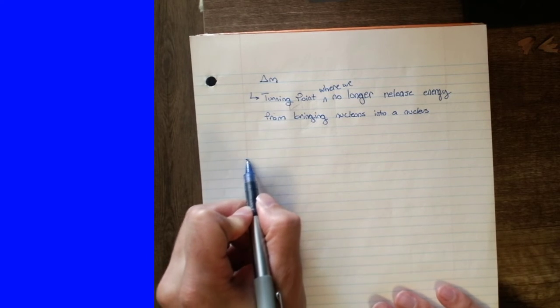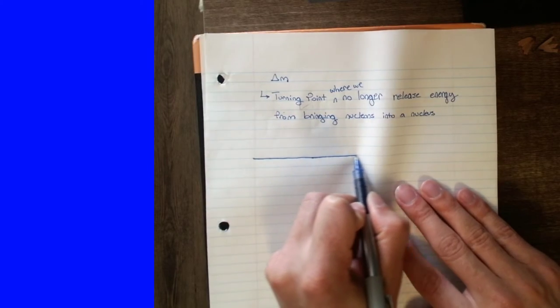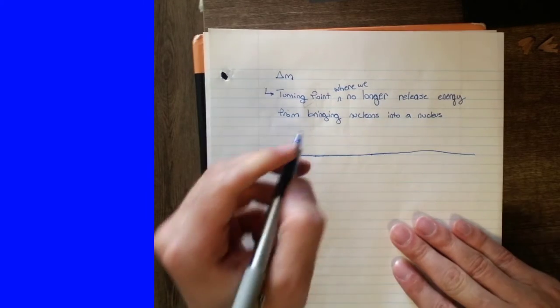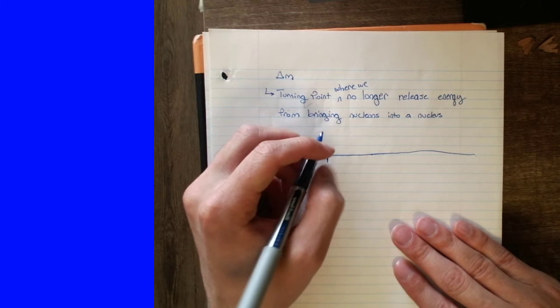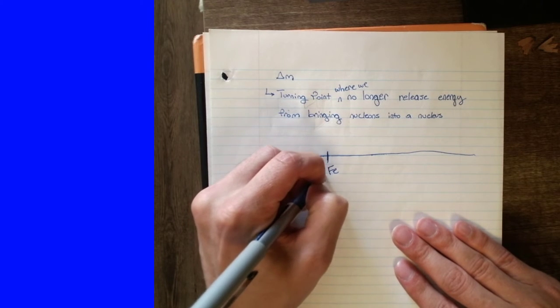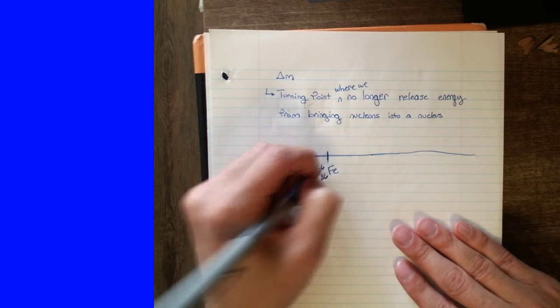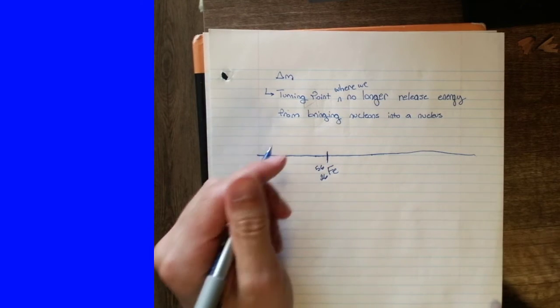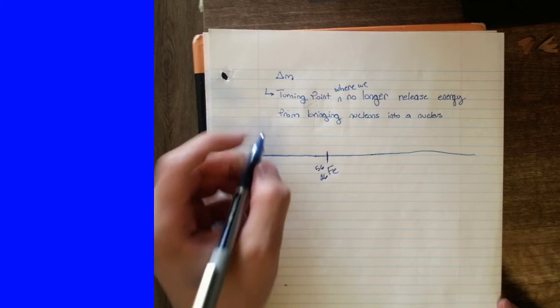Okay, if we examine all of the atoms that we know exist, a turning point seems to happen at iron with 26 protons and 56-ish neutrons. So iron seems to be the point.